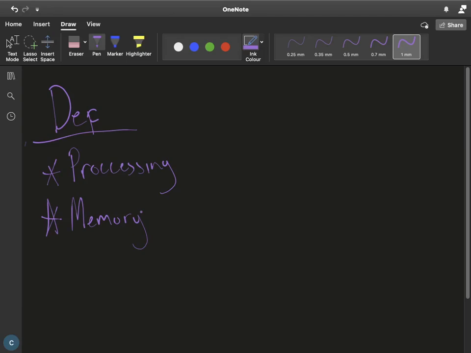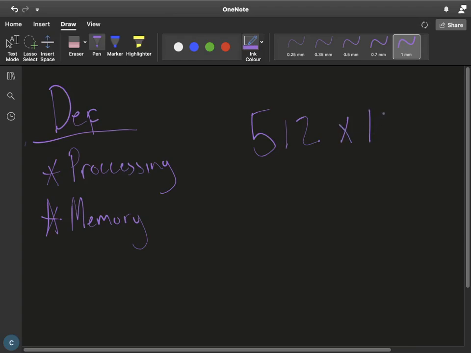So memory, what do we mean by memory? Well, let's say I'm doing a calculation that's very hard, let's say 512 multiplied by 150. In the interim, whilst I figure this out, I'm going to need to do something here to get to the answer.